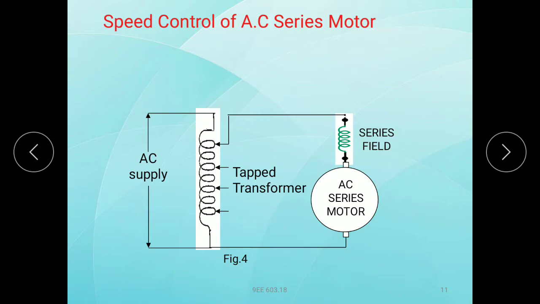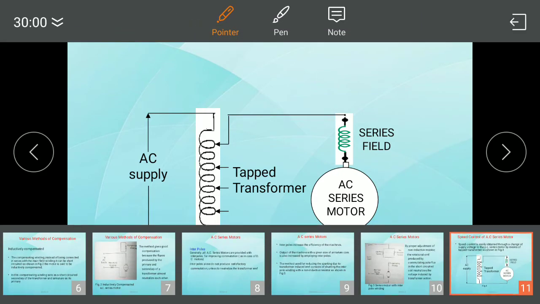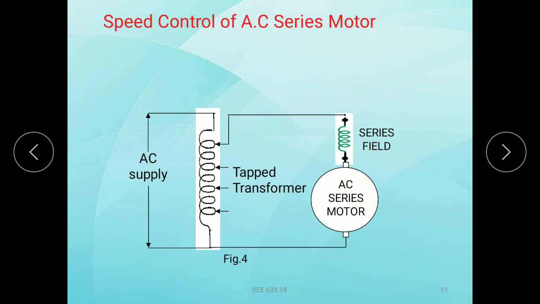Now speed control of AC series motor. Here this is the motor armature, here the brushes, and this is the armature winding, and this is the series field.